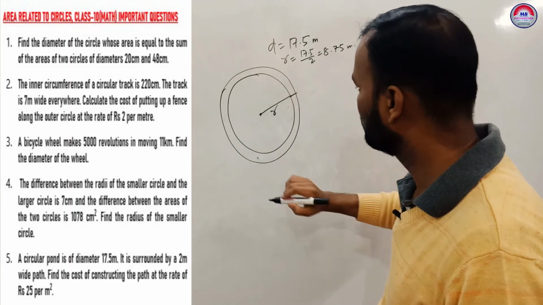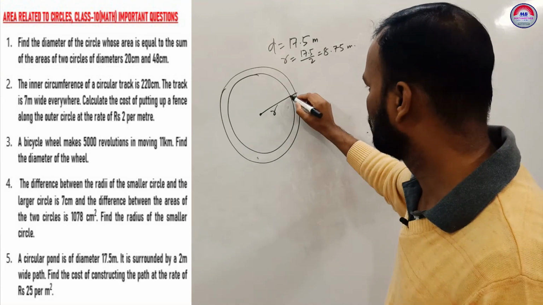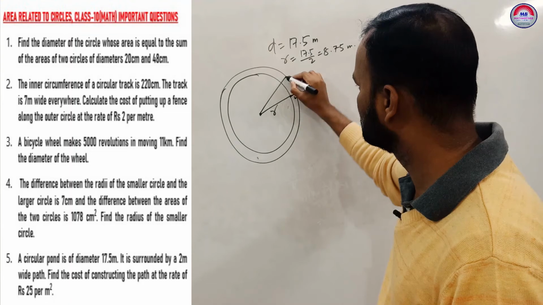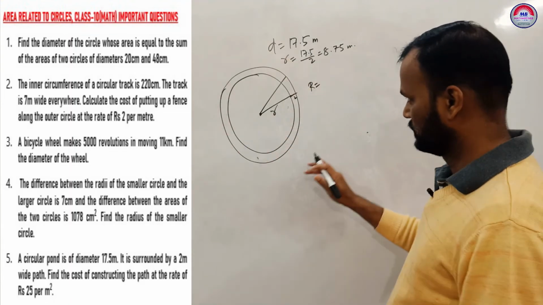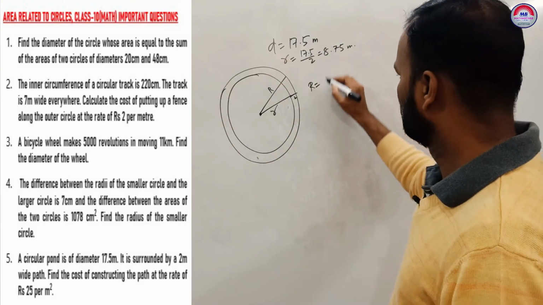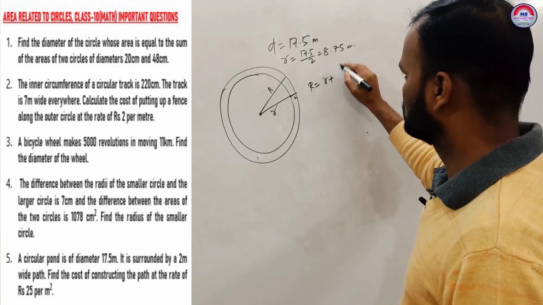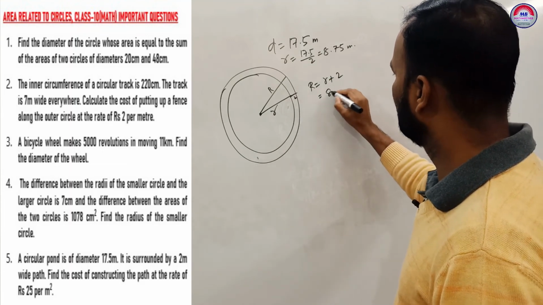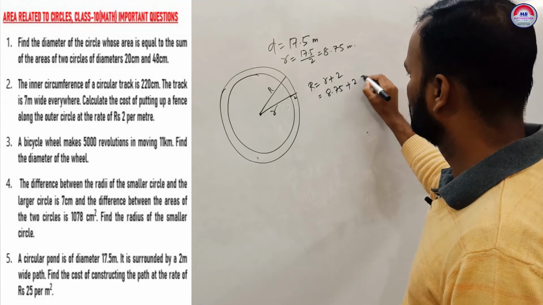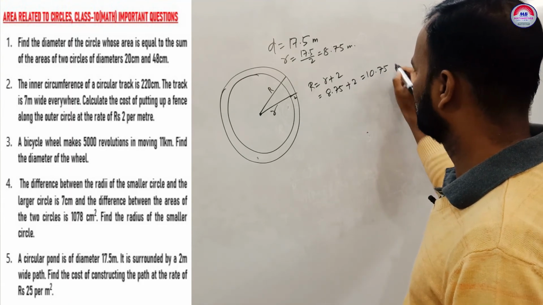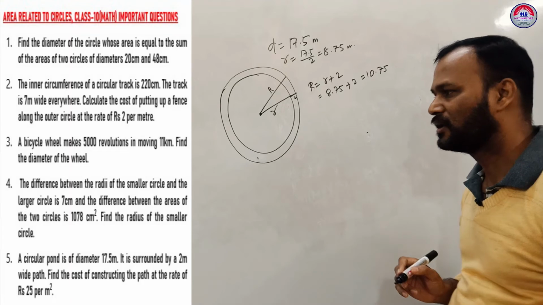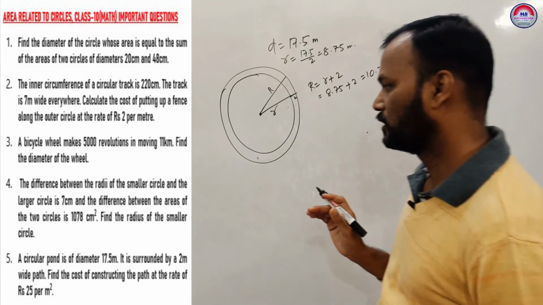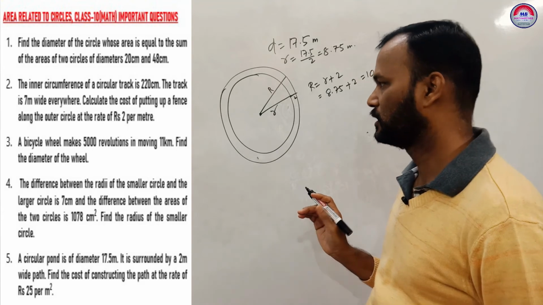This is small r. Then width given 2. So capital R, the outer radius, is equal to small r plus 2, that equals 8.75 plus 2, 10.75 capital R. Find the cost of constructing the path at the rate of 25 per meter square.